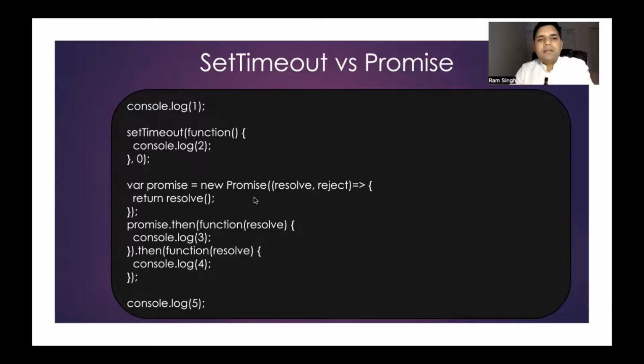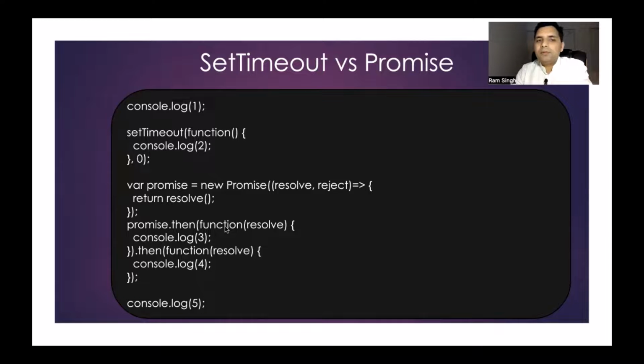Then next, this promise also has no delay, so it will get resolved immediately. When promise.then executes, it is pushed inside the call stack, and this callback will be pushed inside the web API, but here we also don't have any delay.